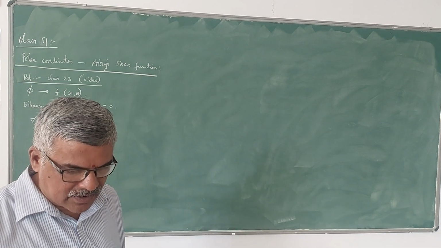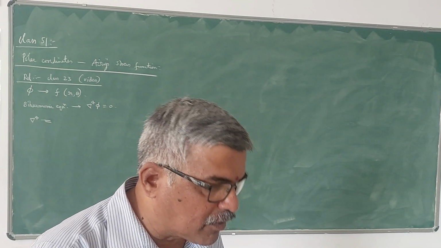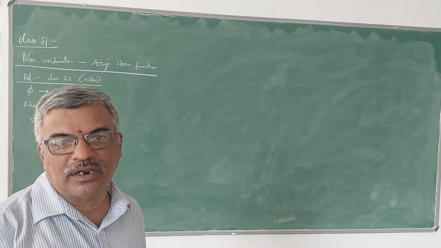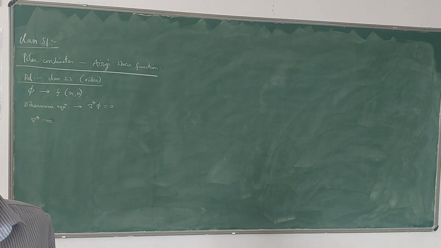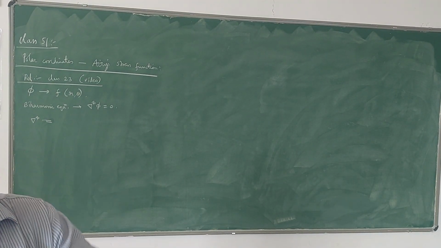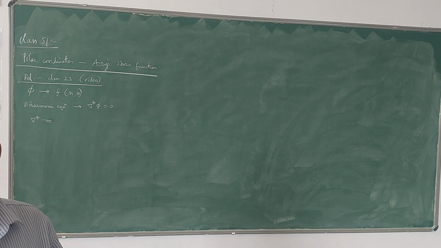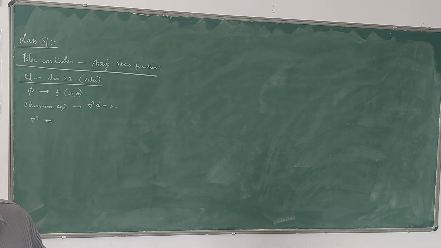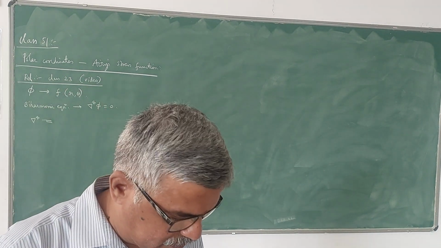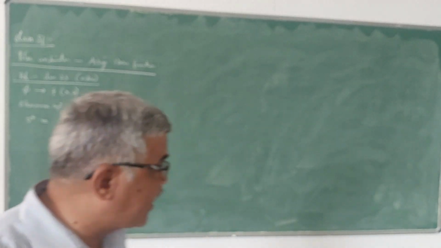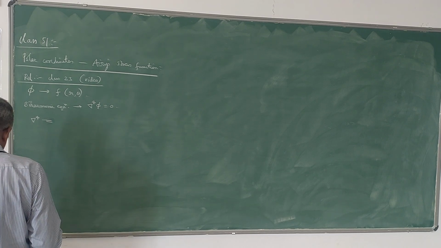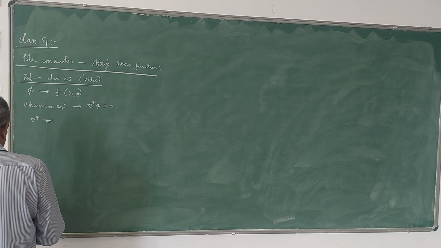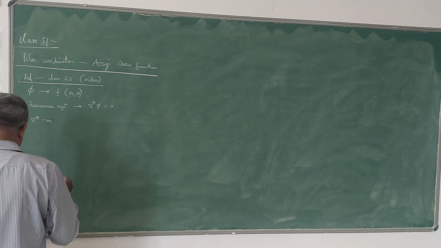There it was del power 4 is dou power 4 by dou x power 4, plus 2 dou square by dou x square dou y square, plus dou power 4 by dou y power 4. Here it is not like that. Instead of that you have here, in terms of r and theta, the biharmonic operator like this.